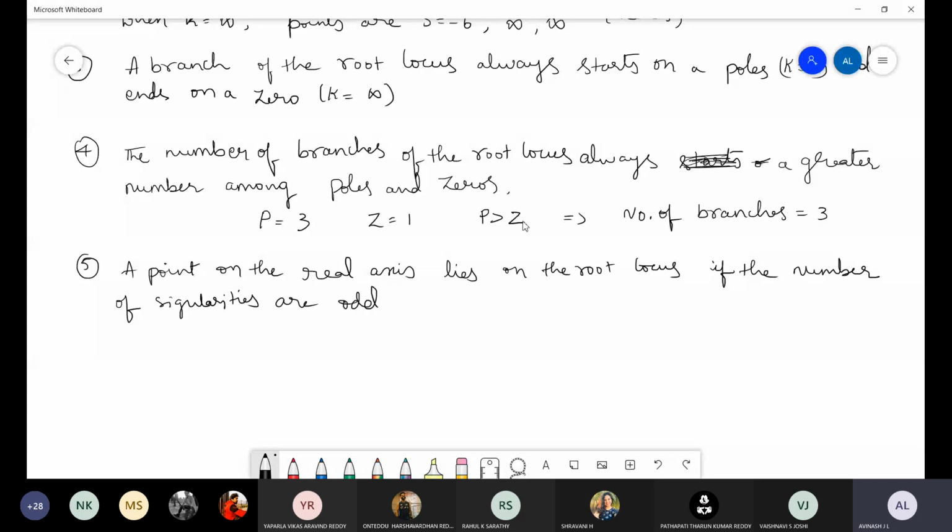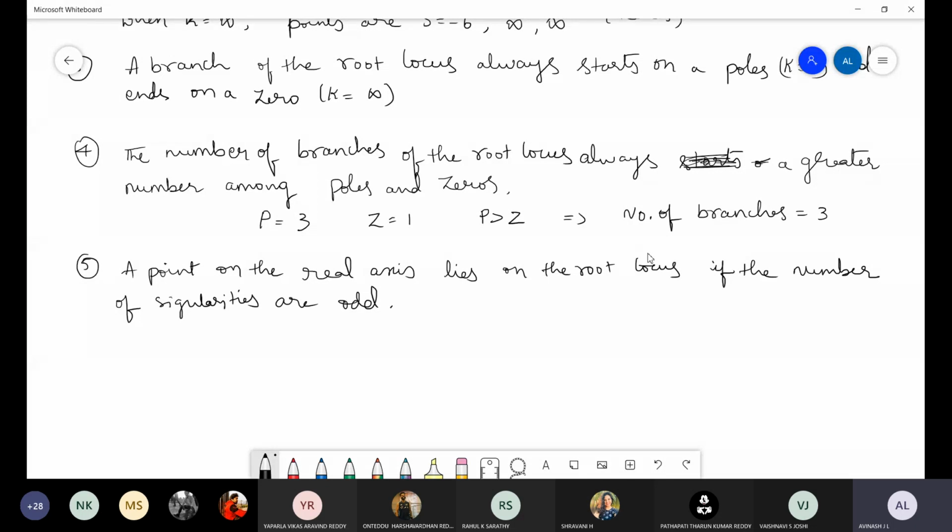So your odd number means what? Either the poles or zeros. That means the sum of all poles and zeros should be an odd number. In this case, if you take the singularities, that is 3 plus 1 is 4. So the point will not lie.